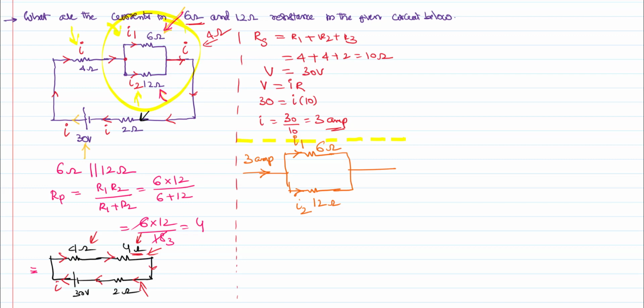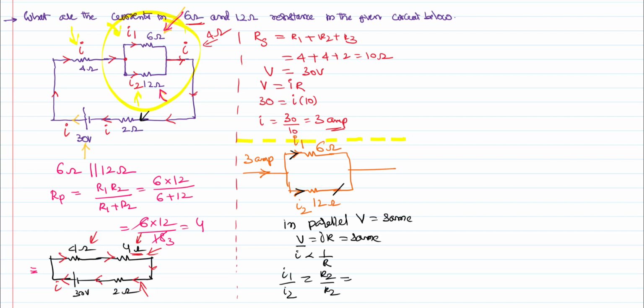Now, these two are in parallel. Whenever they are in parallel, voltage is the same. We know the formula V equal to IR. So I is inversely proportional to R because V is constant. So I can say I1 by I2 equals R2 by R1.